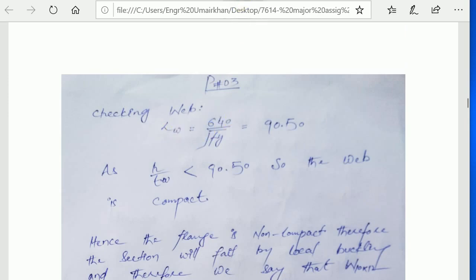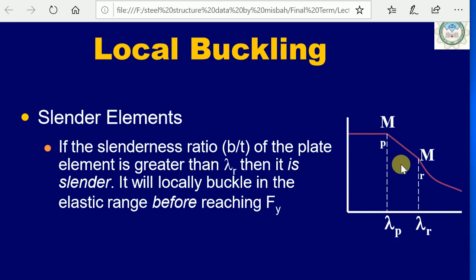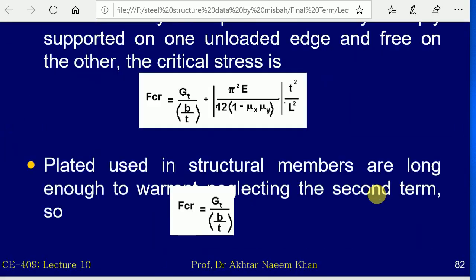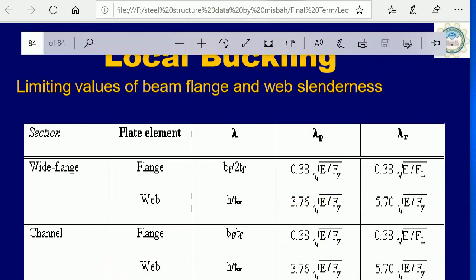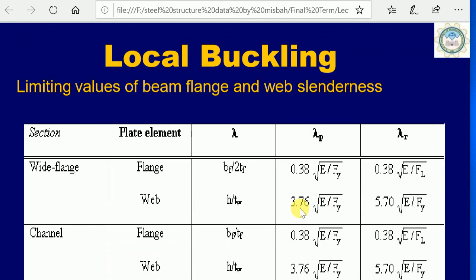I want to show you these differences, because most of the books use these formulas for just checking the section. So one can use these formulas as well as those formulas.